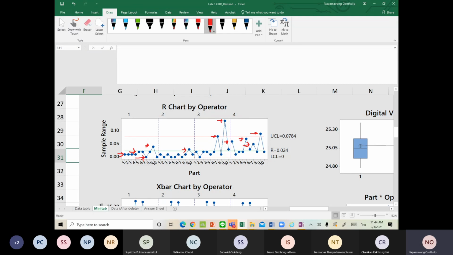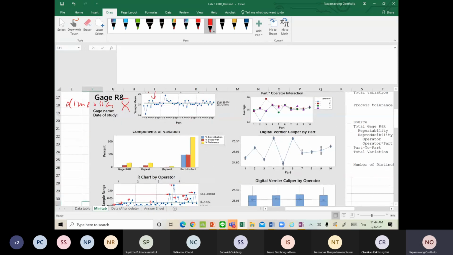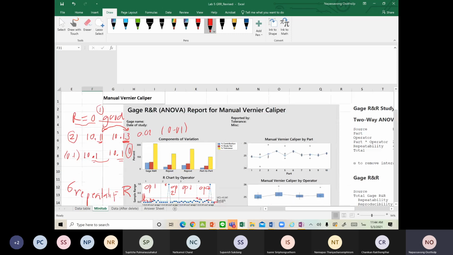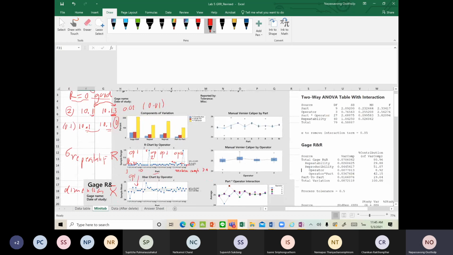So much more than the 4 that we require. So the resolution of the digital vernier is enough, because the resolution for digital is 0.01, which is higher and gives you many more different numbers of R. That is the first thing that you need to appraise: whether the resolution is enough or not. In this case, it is enough for both manual and digital vernier.